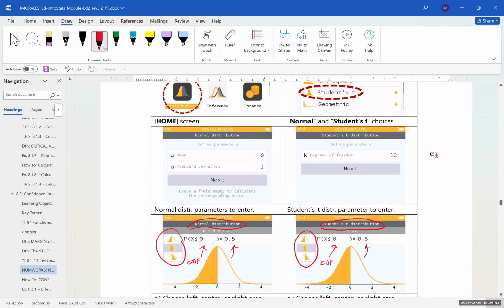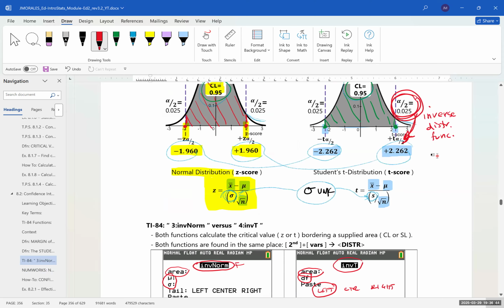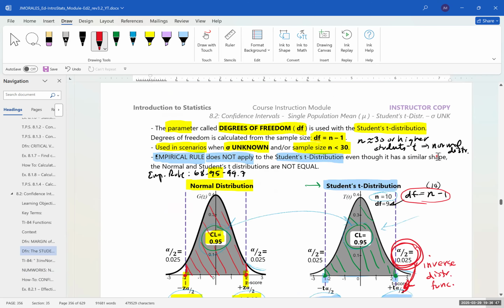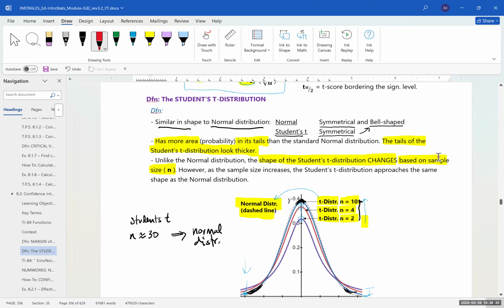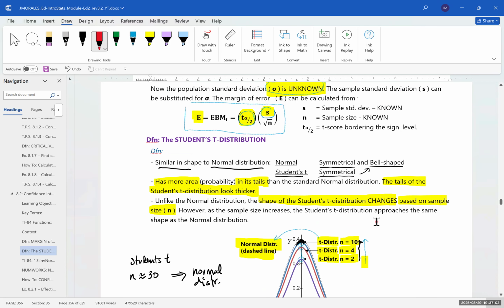All right. So in short, this describes what a student's t distribution is. It changes shape, but as you can see, it's symmetrical. It's the same on the left-hand side as it is on the right-hand side, but it does change shape based off of the sample size.